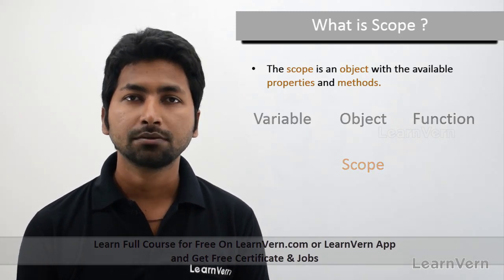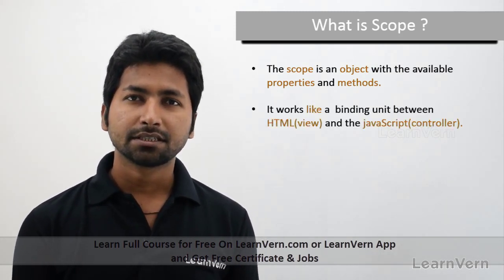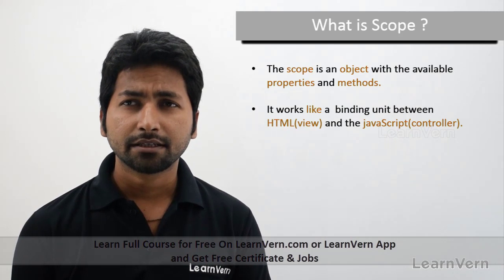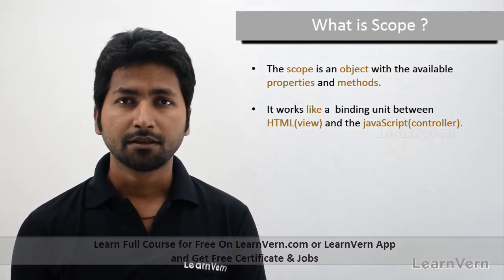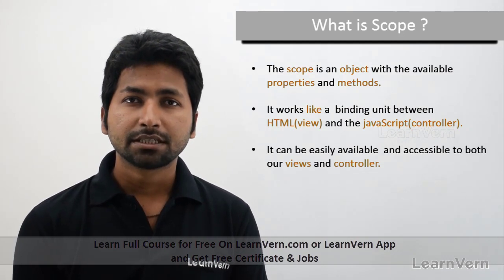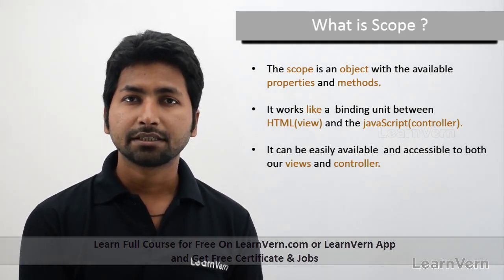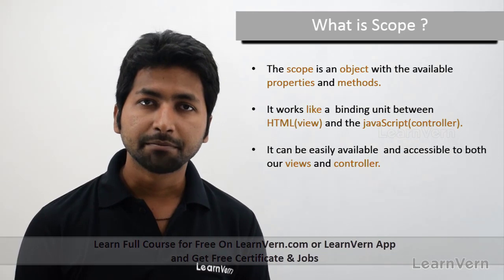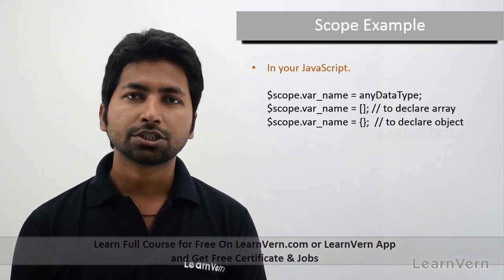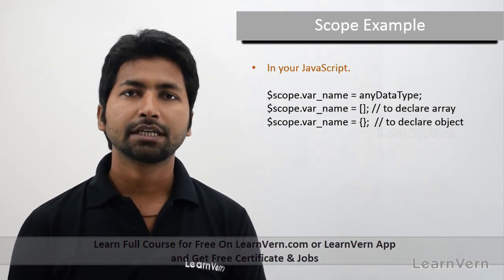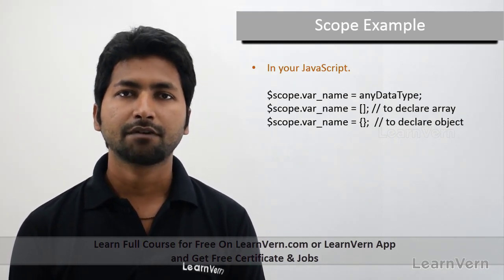And what does it do? It's a linking connectivity. You could say that it's something which connects your view to JavaScript. So when we make some changes in scope, it is easily reflected in your model as well as in your template. So this is what scope is. So friends, in your JavaScript file, you can declare your variables and functions.